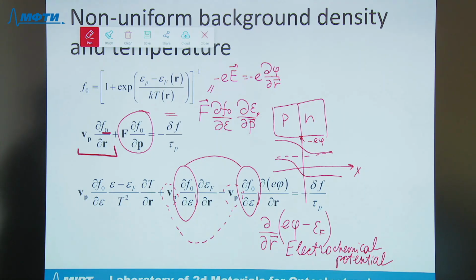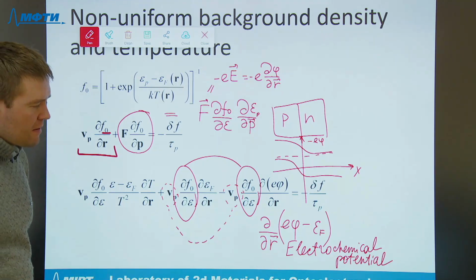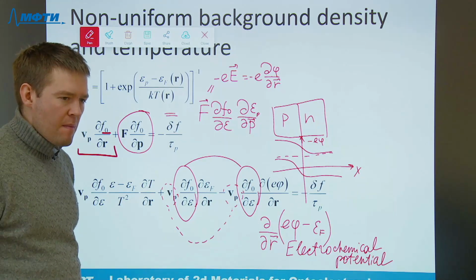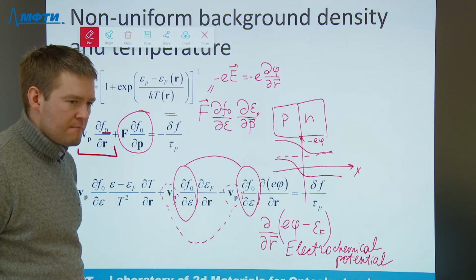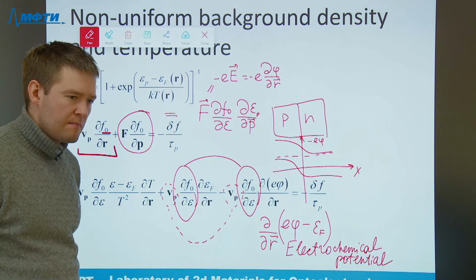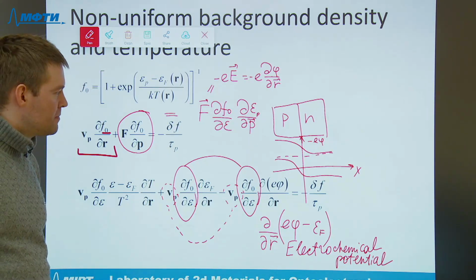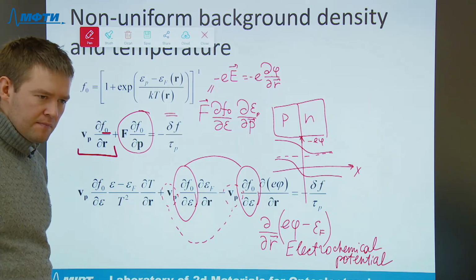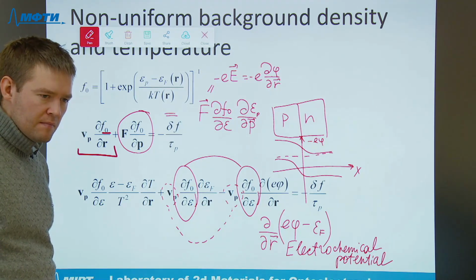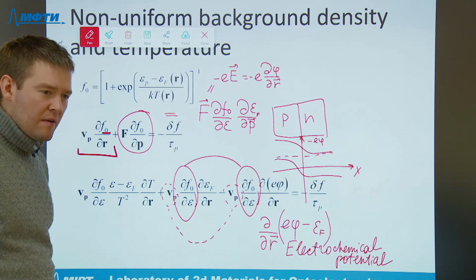So there will be no current. And in the physical meaning, there will be a depletion zone, and there will be charges on N and P borders, and these free charges will also counterbalance the current.